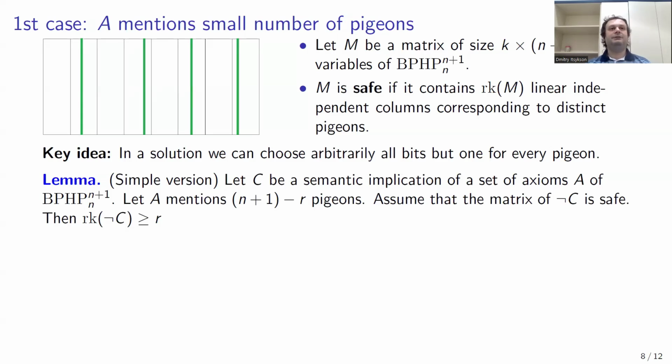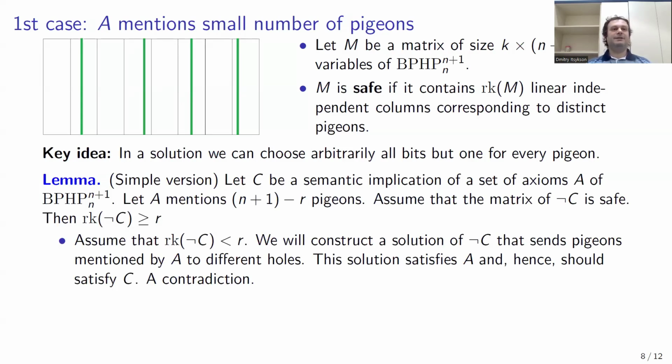We claim that the rank of the negation of C is at least R. For the sake of contradiction, assume that the rank of the negation of C is less than R. Our goal is to construct a solution of the negation of C such that it sends all pigeons mentioned in A to different holes. We will get a contradiction since this solution should satisfy all axioms of A, but it falsifies C. A contradiction with semantic implication.